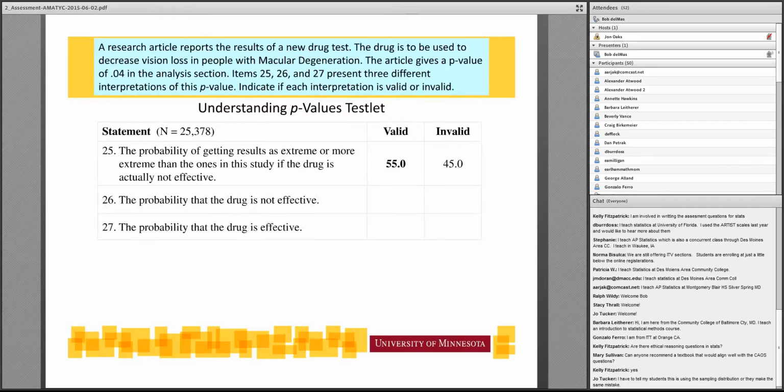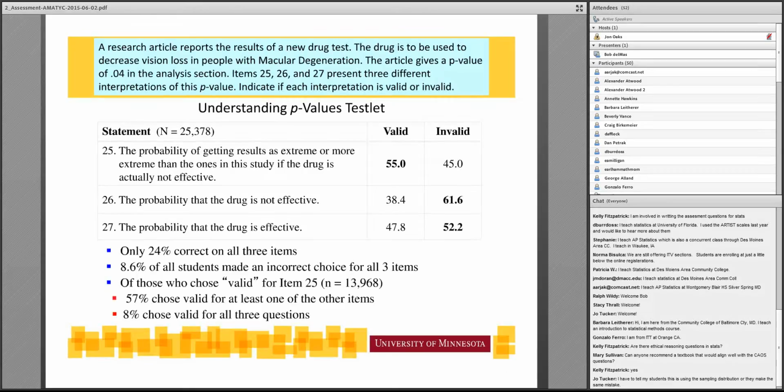But now if we go and do separate questions, the probability that the drug is not effective, is that valid or invalid? The probability that the drug is effective. If we had only done this as a multiple choice response with just these 3 responses, we might expect these 55% to choose that and not choose any of the others. However, when we do it this way, we find that quite a few students are not marking those as invalid.